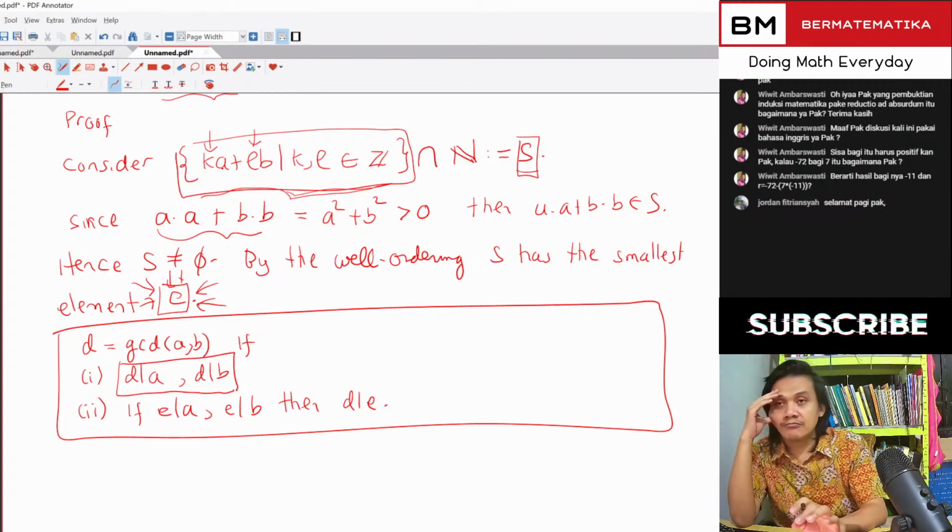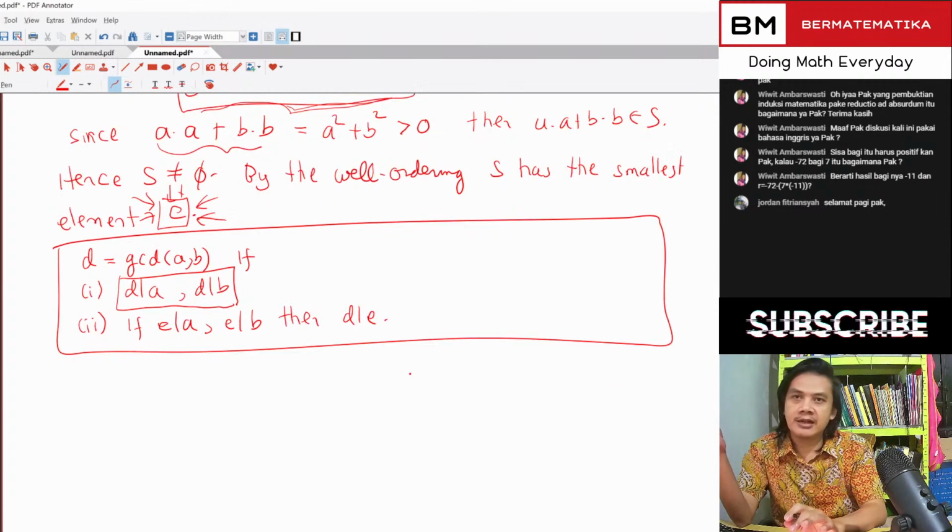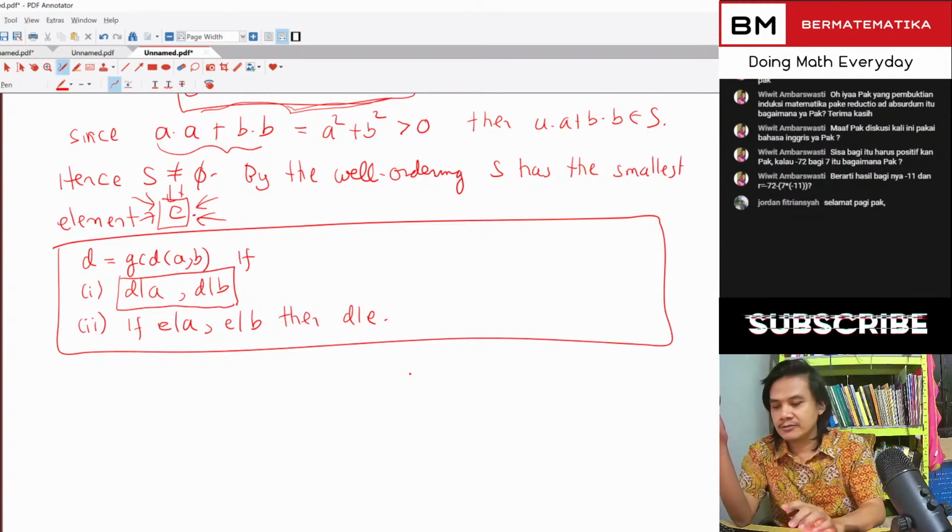So how do we prove that C divides A? Okay, so then the division algorithm comes to the rescue.